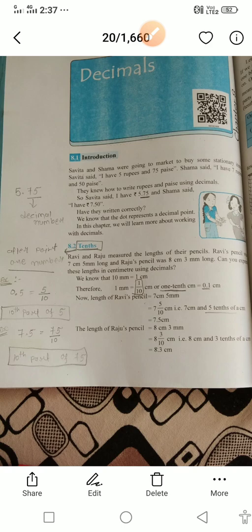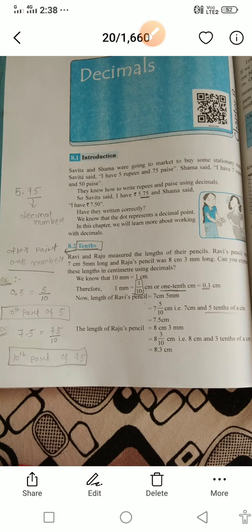If after the point one number is there, then in the denominator we write 10. If after the point two numbers are there, then we write 100. However many numbers are there after the point, we add that many zeros in the denominator. You already knew this from 5th standard also.